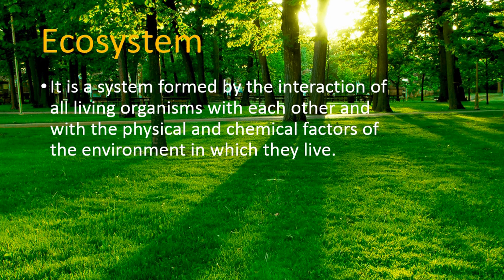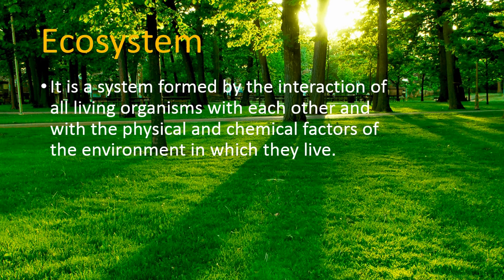Now herbivorous animals eat plants, then carnivorous animals eat herbivorous animals. So all are interdependent on each other for the transfer of energy for their survival. This food chain is formed, and this is also a part of the ecosystem. So ecosystem is the interaction of all living organisms with each other.